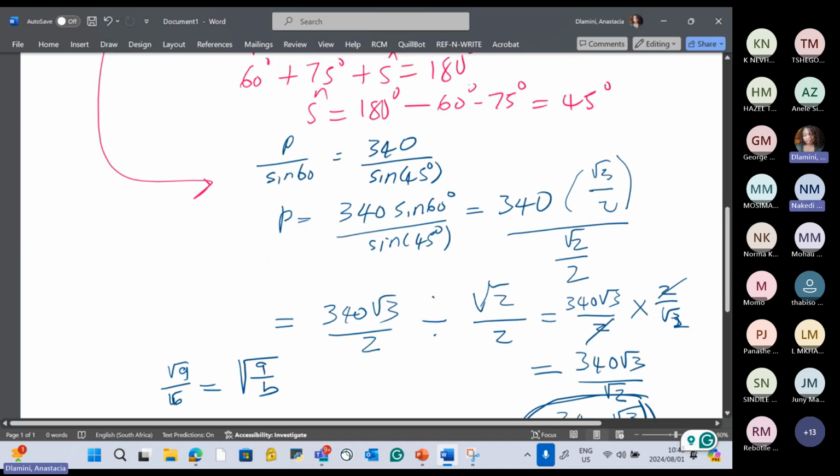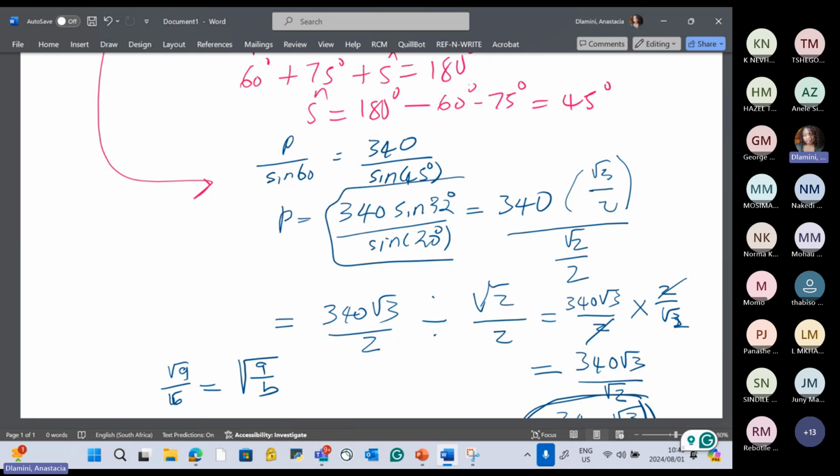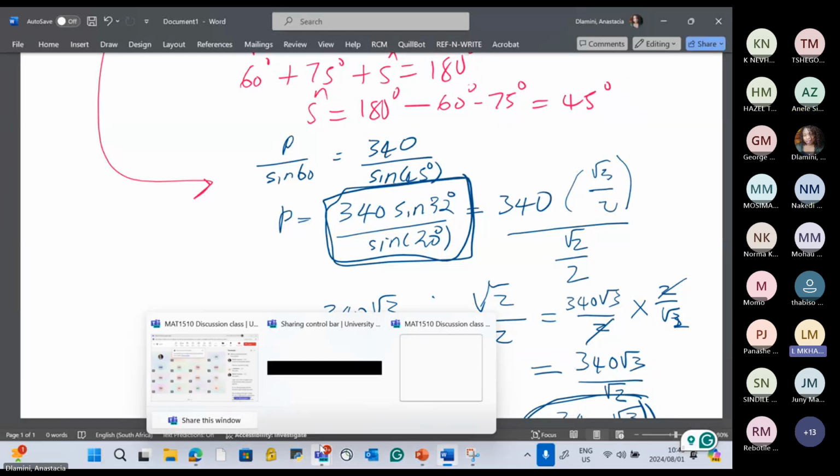But if it's not special angles, let's say this was sine of 32 degrees, and this was sine of 20 degrees, for example, I'll leave it like this in the exam as one of the answers. Are we all together? Yes or no? Yes, ma'am. Thank you.